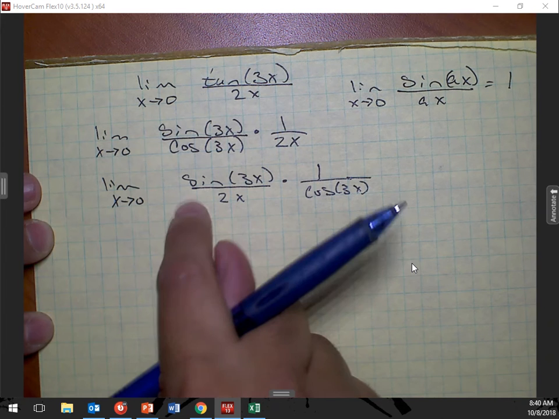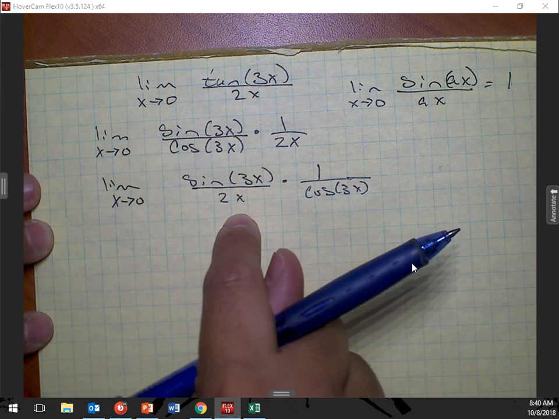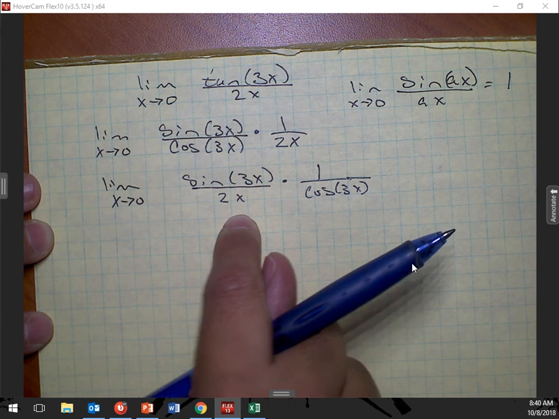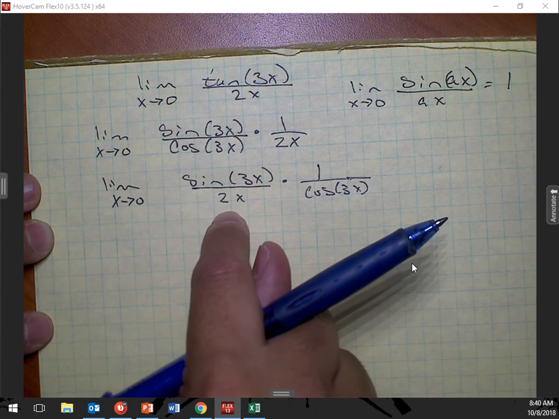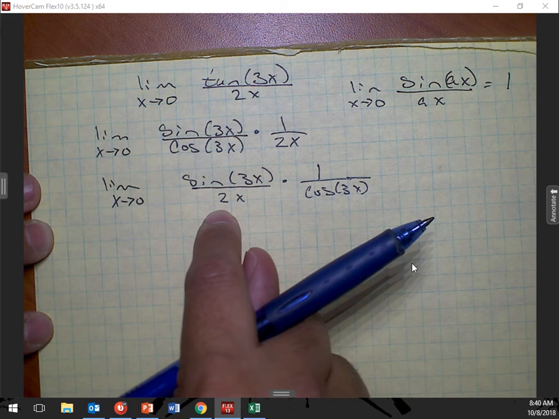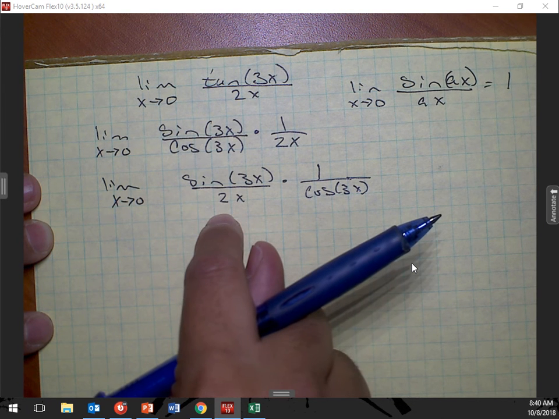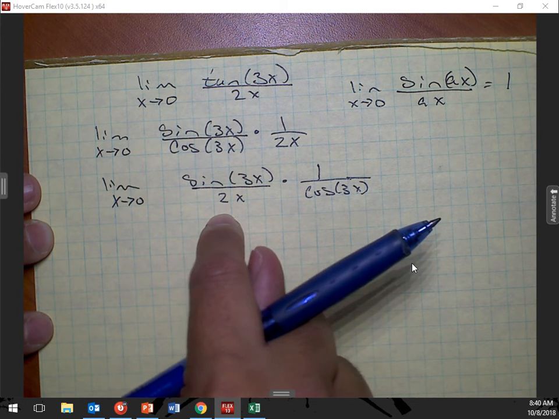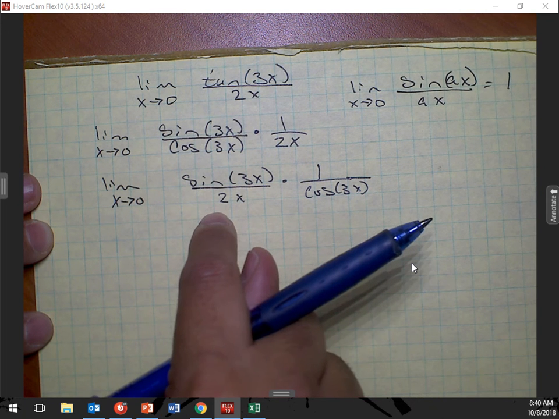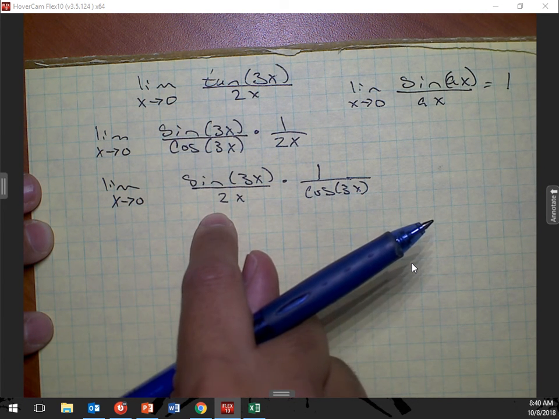Now, I don't want the 2 in the bottom, right? So if I don't want the 2 in the bottom, I have to get rid of it. How would I get rid of it? I need to replace it with a 3.